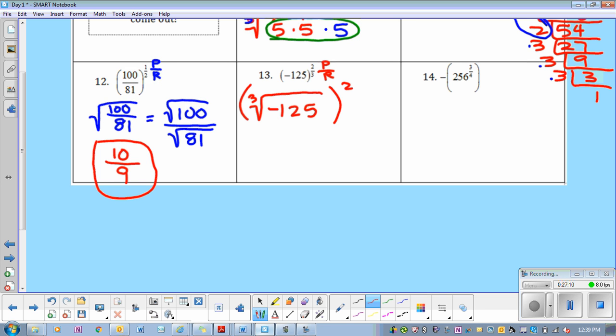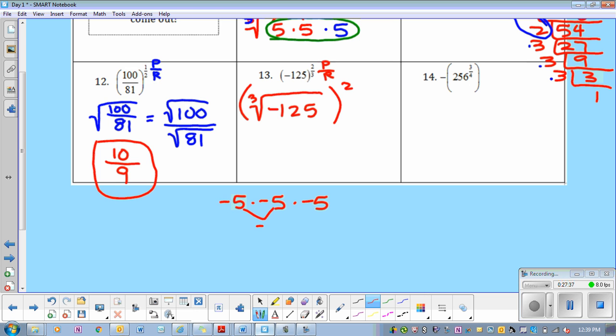You know what? I would try to make the number smaller. Like cube root of negative 125. What is that? Negative 5. Right? Because when you have an odd root, you can get a negative number. What's negative 5 times negative 5 times negative 5?